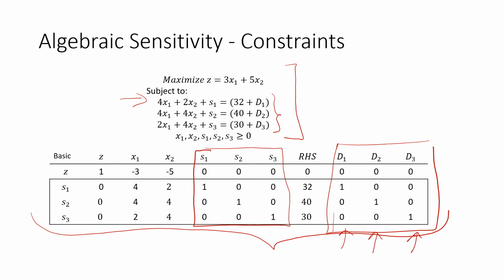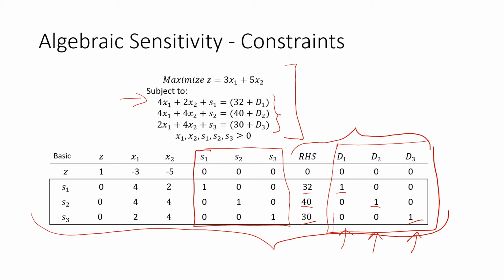They're the same. This represents the solution, or the feasible point, that you're at right now. So the first constraint gives us 32 plus D1, the second constraint gives us 40 plus D2, and the third one gives us 30 plus D3.